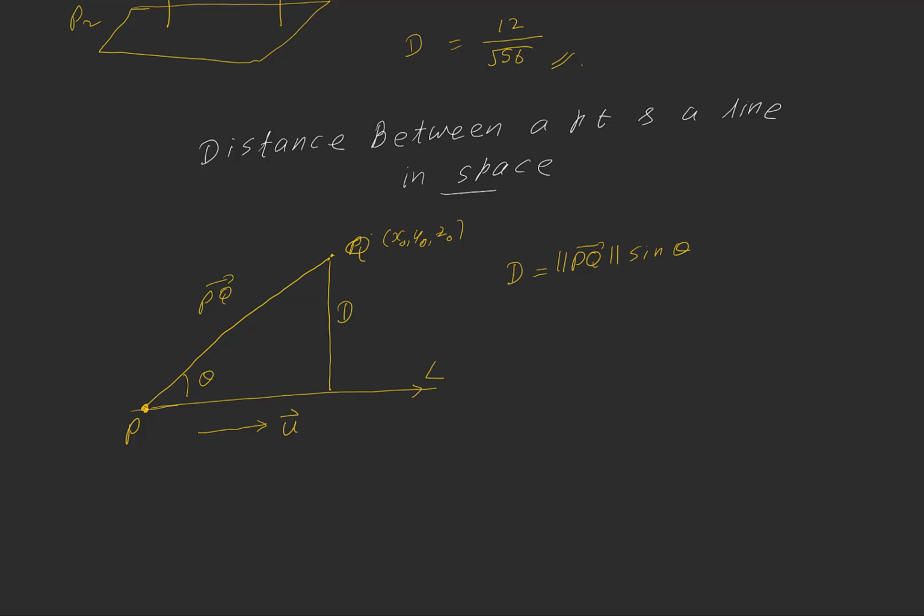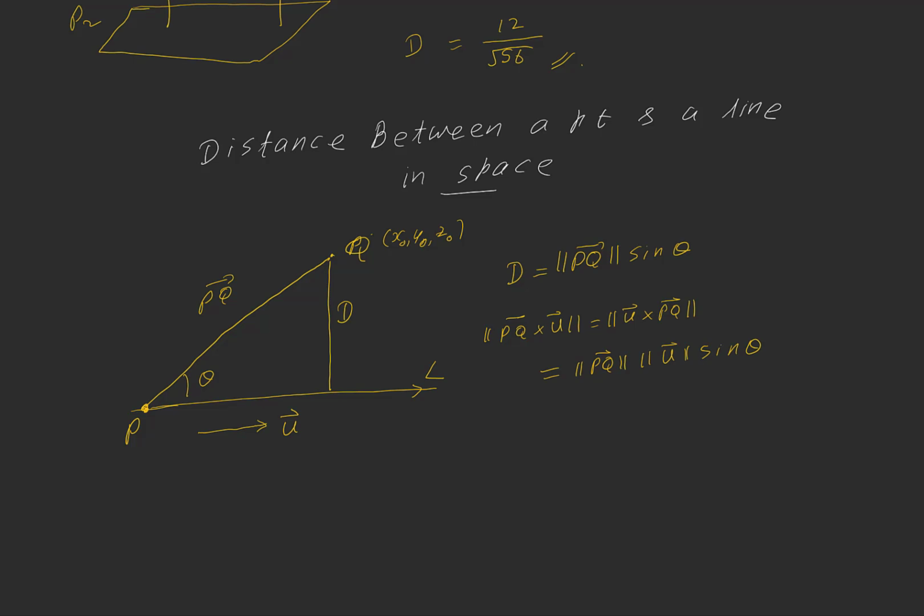So how do we find this? PQ cross U is what? The magnitude of PQ cross U equals, actually because of magnitude, U cross PQ, these two are equal. This equals the magnitude of PQ times the magnitude of U times sine theta.